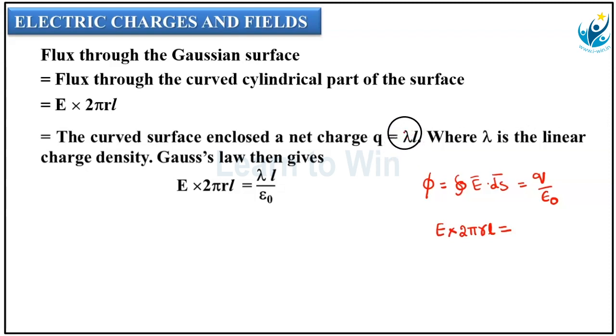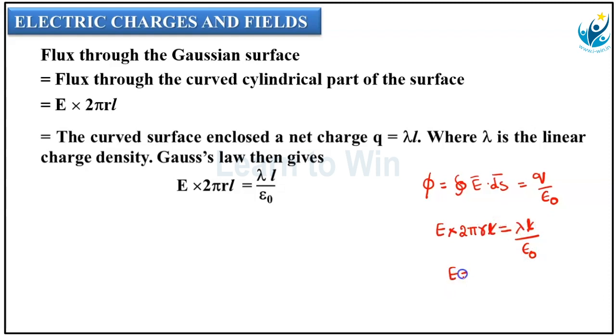That is linear charge density into the length of the cylinder. The length of the cylinder is L, then lambda into L is the charge which is enclosed in the Gaussian surface, the Gaussian cylinder. So instead of Q, lambda L by epsilon naught. Here L cancelled.